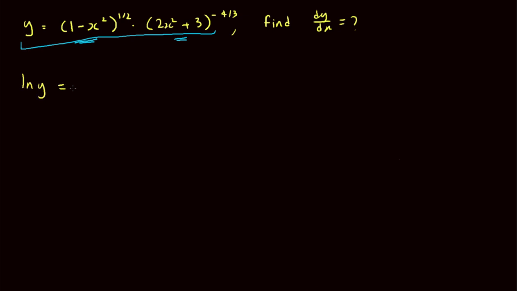So ln y equals ln of, wow, we have a huge function, (1 minus x squared) to the power of half times (2x squared plus 3) to the power of negative 4 over 3. Wait, I made a mistake with the brackets.